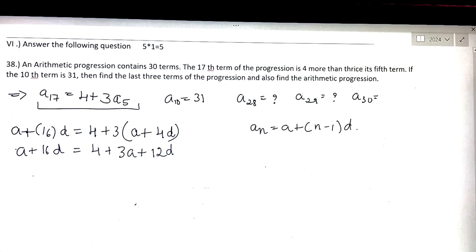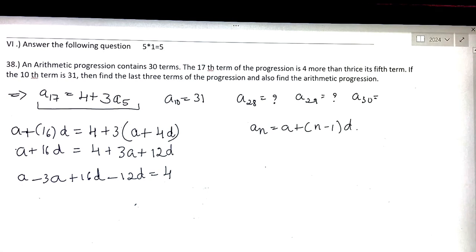Now if we simplify this further, we'll take a and d on one side. So we'll take a minus 3a plus 16d, and this 12d, when it comes to this side, will be minus 12d, is equal to 4.